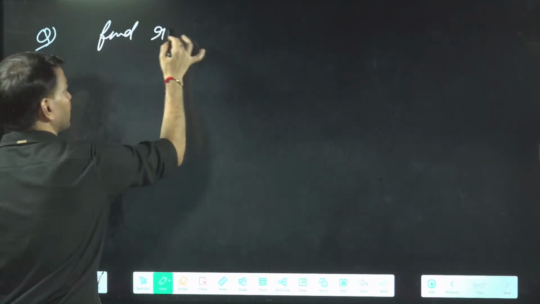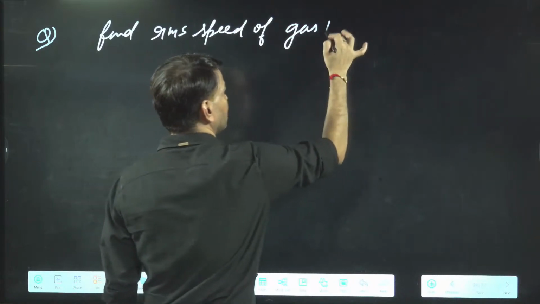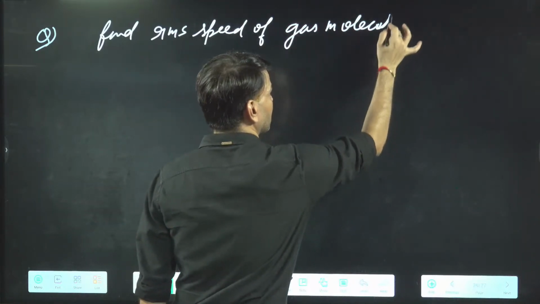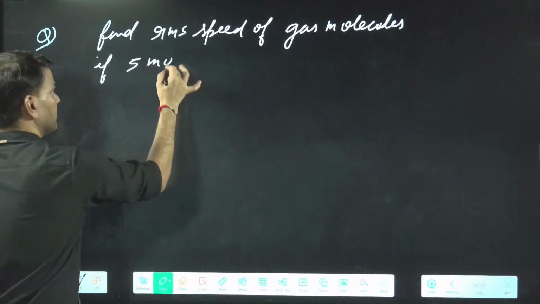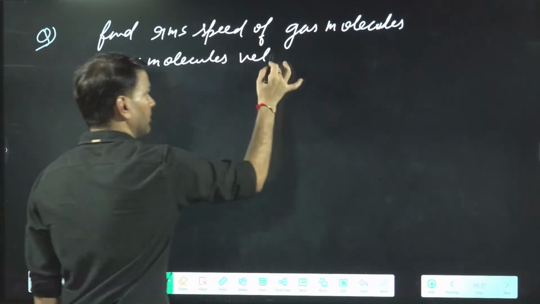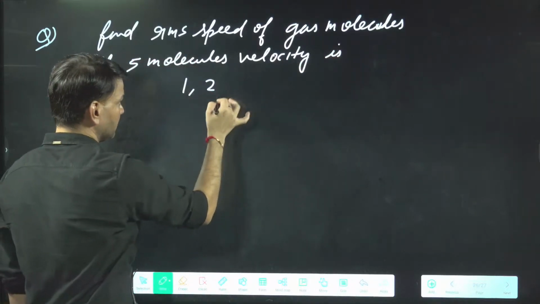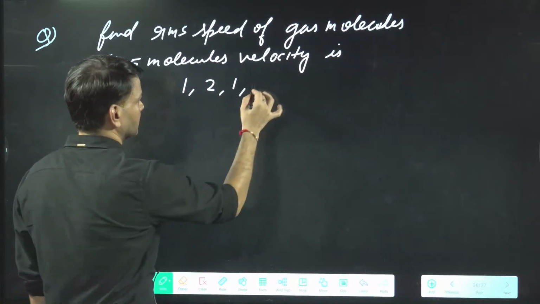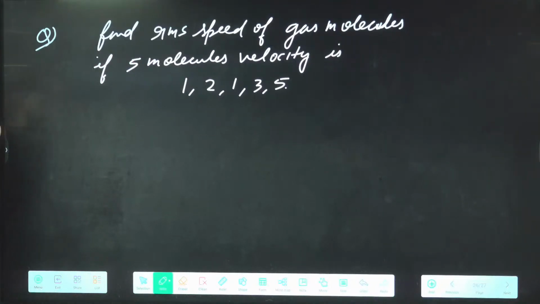So first, a very simple problem. Find the RMS speed of gas molecules if I have given the velocities of 5 molecules, in meter per second.